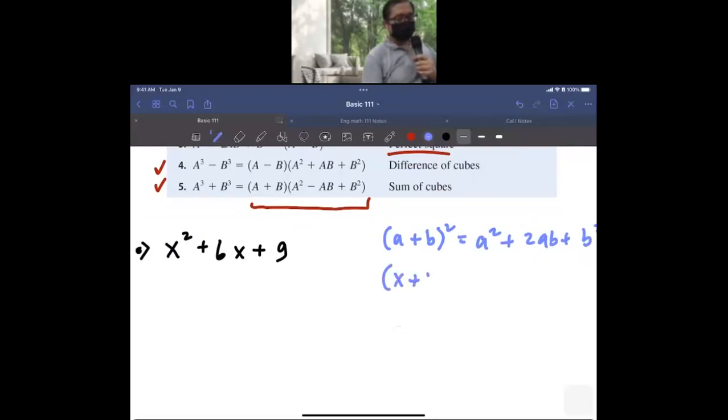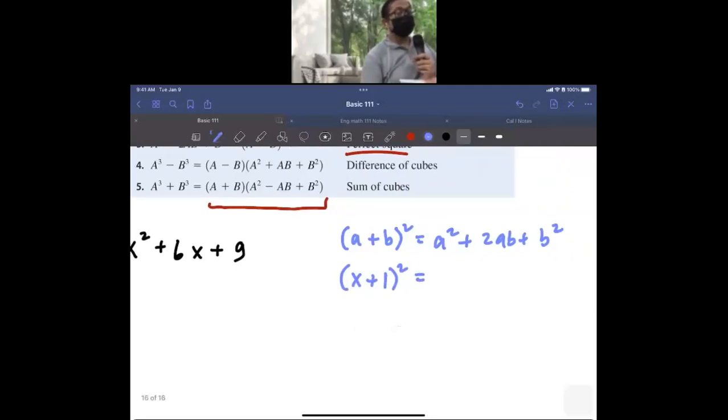And then let me write with maybe 1, just to see what it makes: x squared plus 2x plus 1.